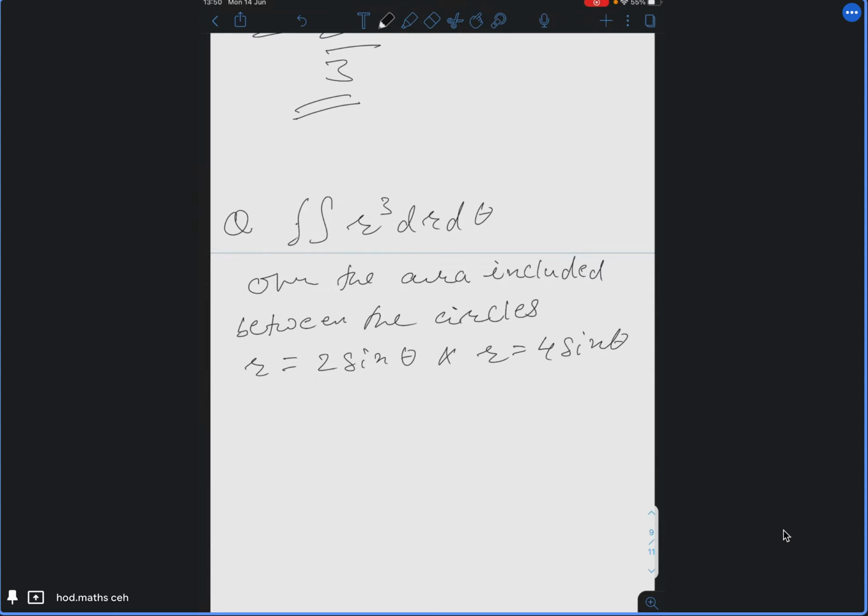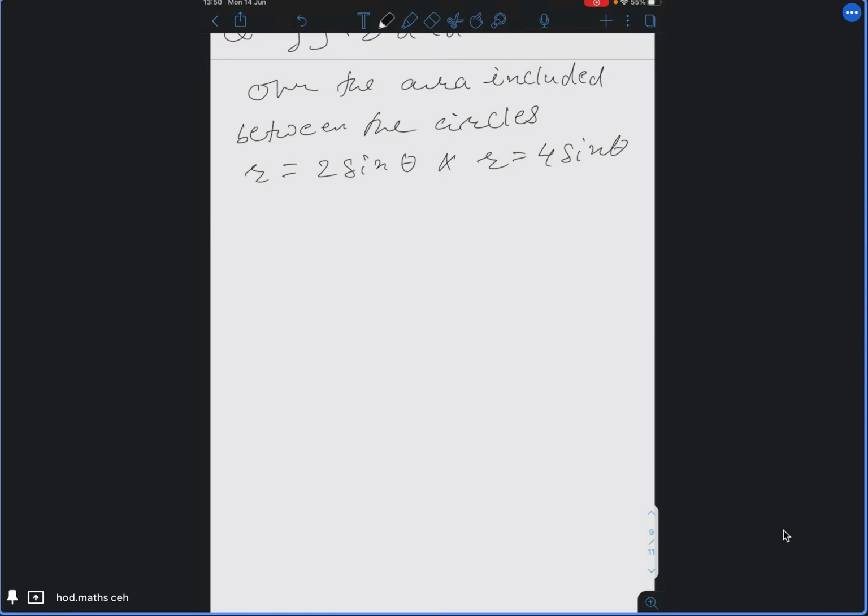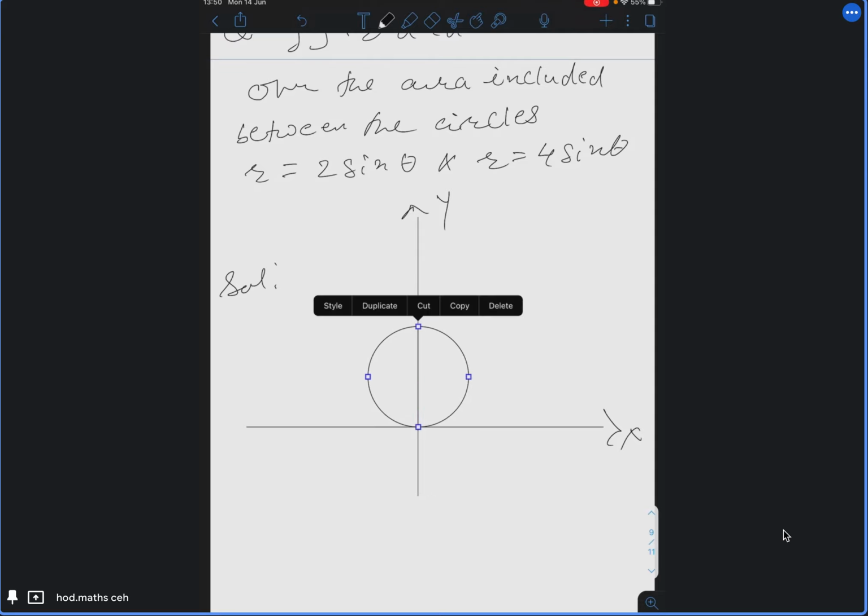Okay, so now let us draw these two circles and see what graph you will get. As you can see, both the equations are in terms of sine, so the circles will be on your y-axis. Draw the x-axis and y-axis. So one of the circles, that is 2 sine theta, suppose this is your circle, and this is another circle.